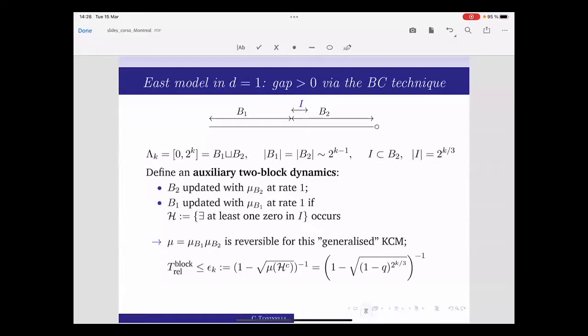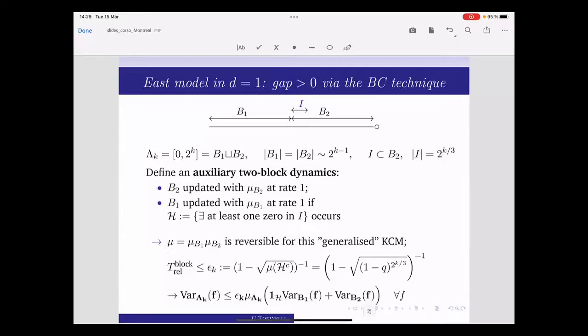Since the stripe is of size 2 to the k divided by 3, the probability of not having at least one empty site goes to 0, but it's not 0.